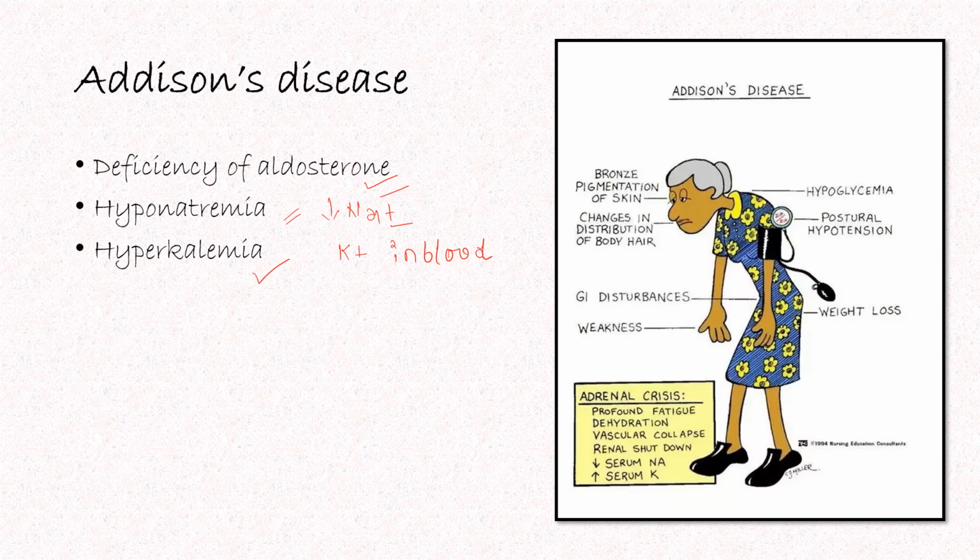Addison disease symptoms are bronze pigmentation of the skin, changes in distribution of body hair, and GI disturbance, which means there is some problem in the gut health. Patients generally suffer from weakness or vascular collapse, profound fatigue, weight loss, postural hypotension, and hypoglycemia too.